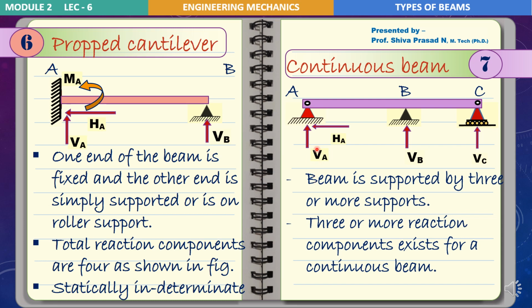But if you choose all 3 points as simple supports, you may get only 3 reaction components, that is VA, VB, VC. So if you have 3 unknowns only, then that continuous beam may be statically determinate. But if you have more than 3 unknowns, that continuous beam will be statically indeterminate.